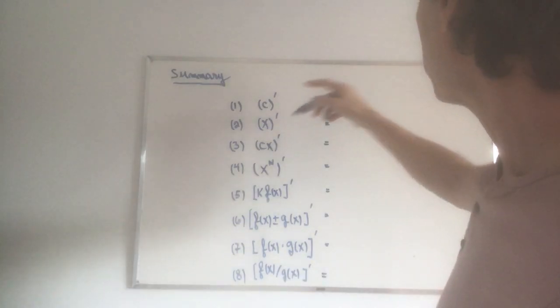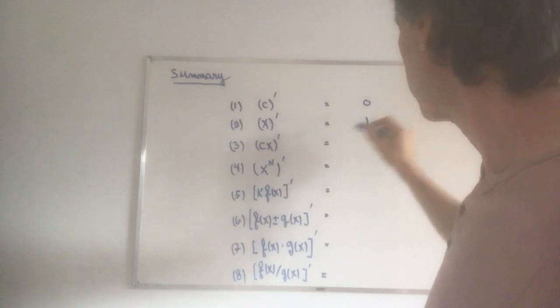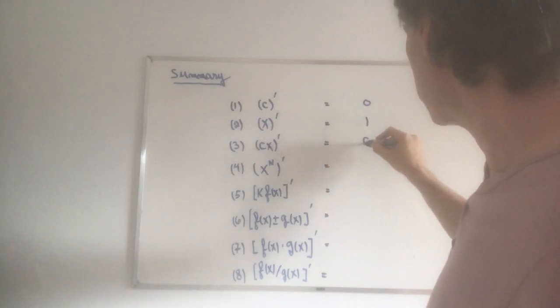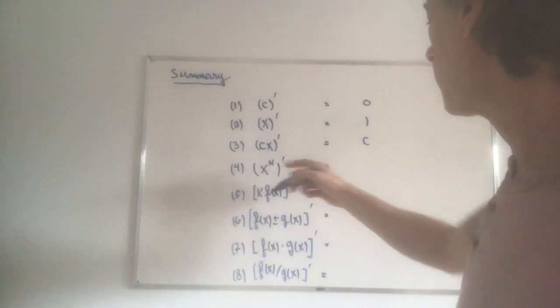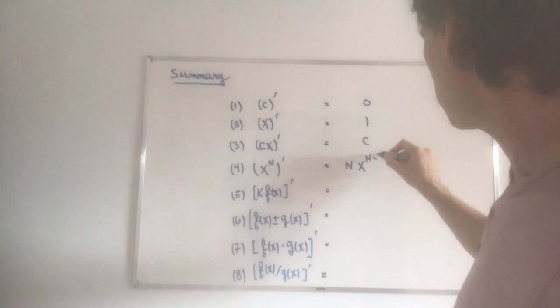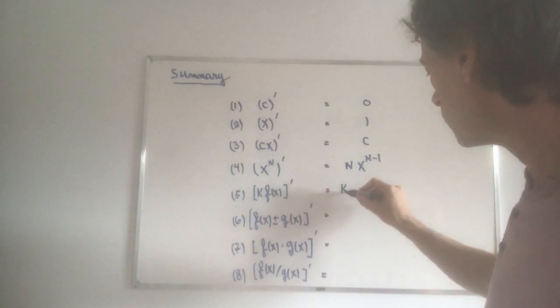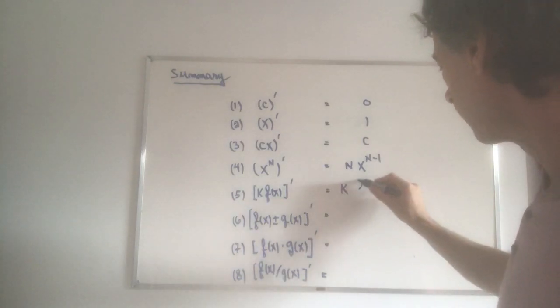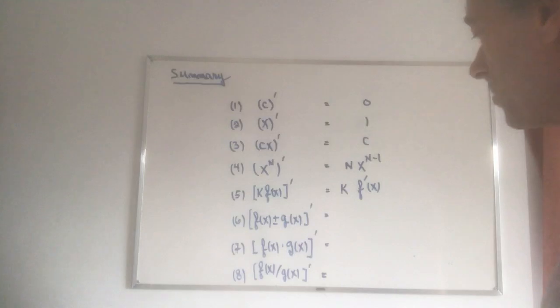All right, so derivative of a constant, derivative of x, derivative of c times x, x to the n, x to the n minus 1. A constant times a function, the constant may go outside while we derive only the f, not the constant.